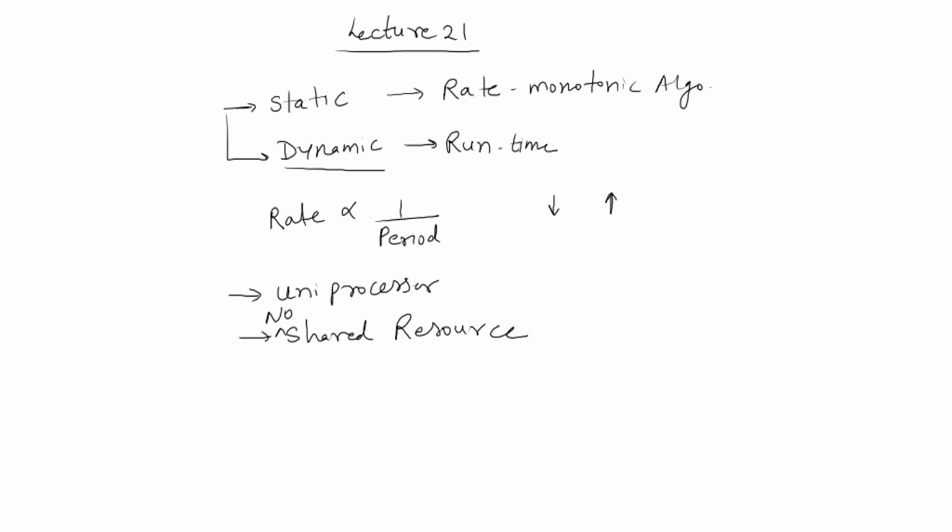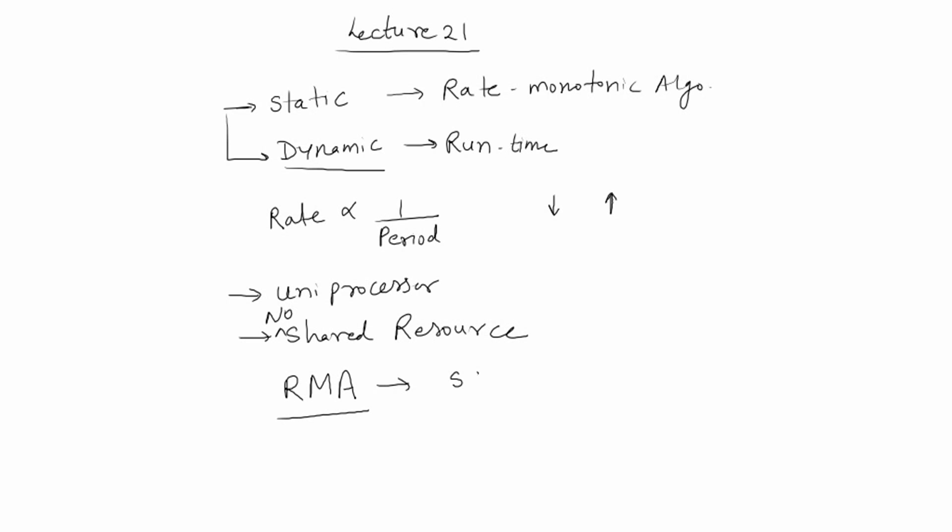That means there is no critical section or shared resource where two tasks are accessing the same thing at the same time. Then we saw in the last class that in RMA, when assigning priority based on the rate, in one example some tasks are not schedulable.